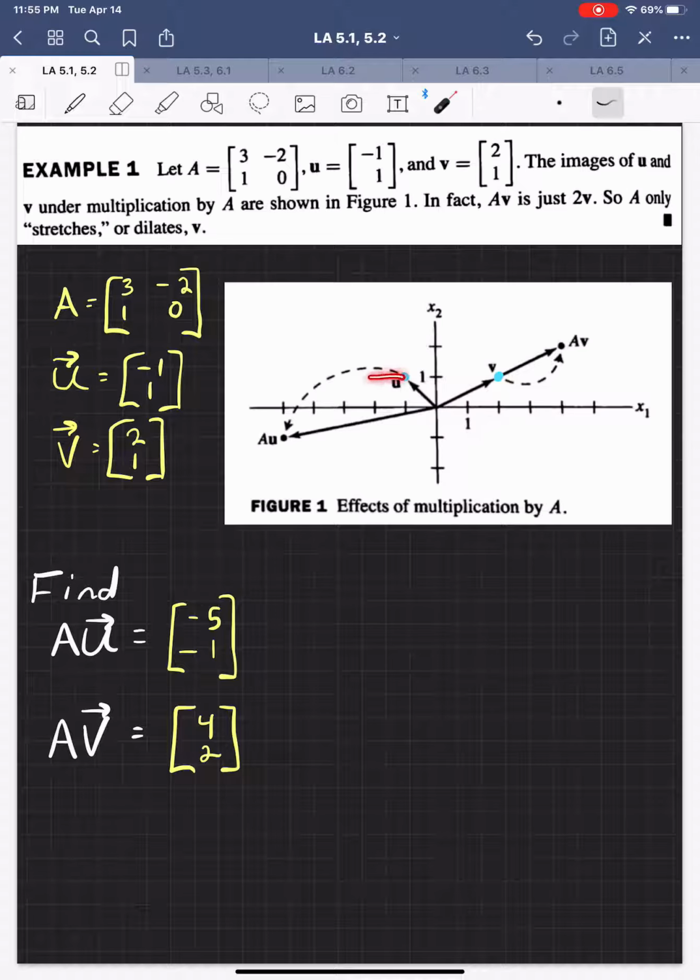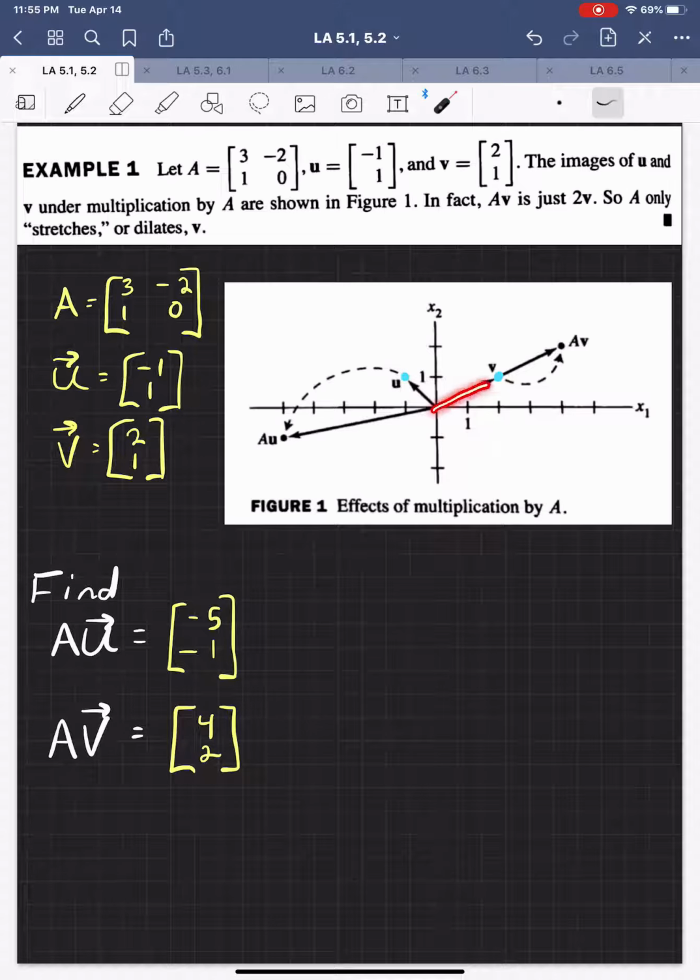Clearly we rotated U. And what's more important to us in our applications is actually going to be the fact that it stretches or shrinks vector U. So notice that AU has a greater magnitude than just U. So let's look at V.